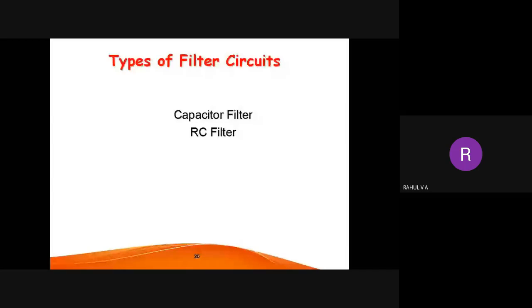Okay, so in yesterday's class, we were discussing our fifth module. So far we have discussed the block diagram of a power supply. The elements in the block diagram of a power supply are transformer, rectifier, filter, and then regulator.